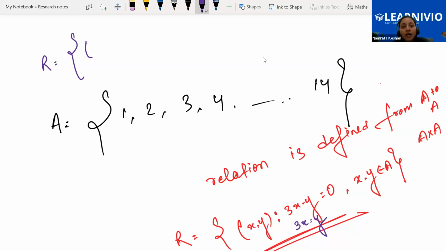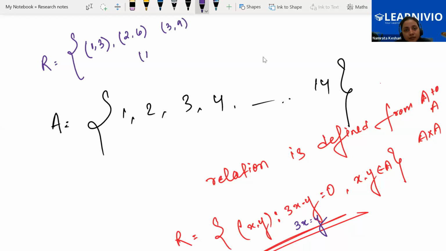Okay. Take x as 1, then y is 3. Whatever x we want to take, we can take it, but y will be 3 times of that. So 1, comma, 3. Then 2, comma, 6. Then 3, comma, 9.